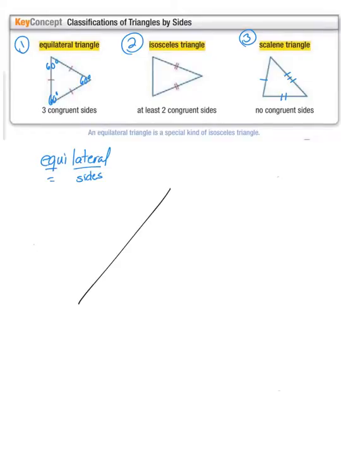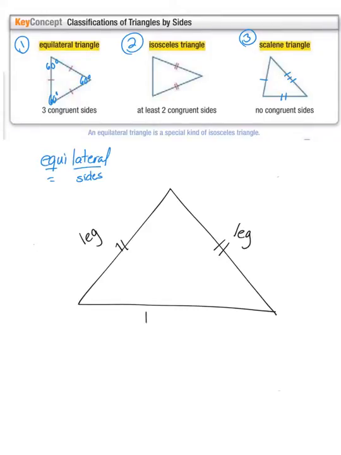I'm going to draw him a little bit bigger. An isosceles triangle has 2 legs that are equal. The other side of that triangle is called a base. So this would be leg, this would be leg, this would be base.